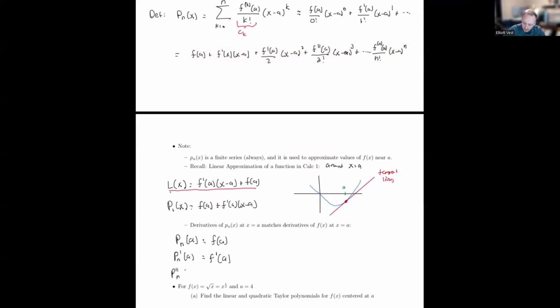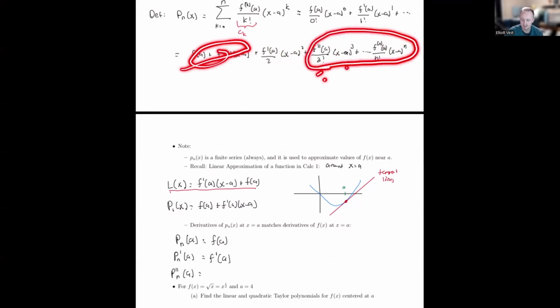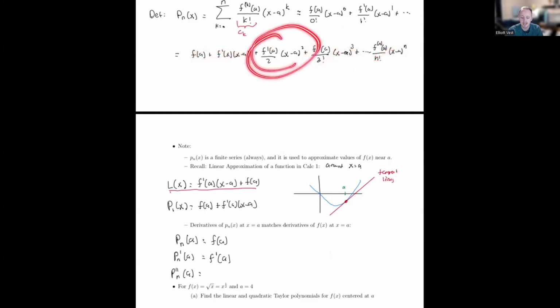Same for your double prime. When you take the second derivative, all this cancels because it ends up being a constant, and the derivative of a constant is 0. These get preserved because I take this derivative twice, I'll still have an x minus a to the 1 power. So plugging in a makes this a 0 and 0 and so on. And then everything will reduce to just being your, ooh, this is supposed to be a triple prime. Sorry about that. You got to go up a derivative every single time.